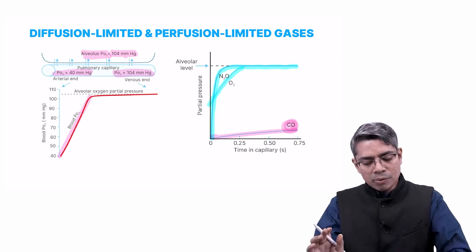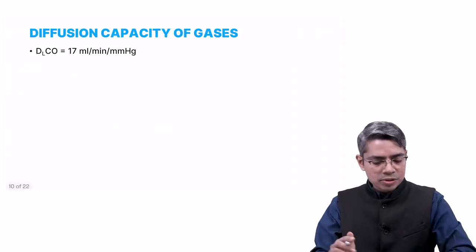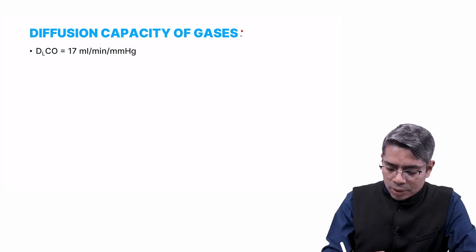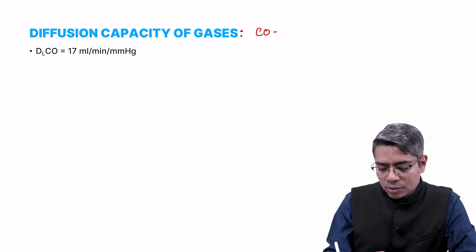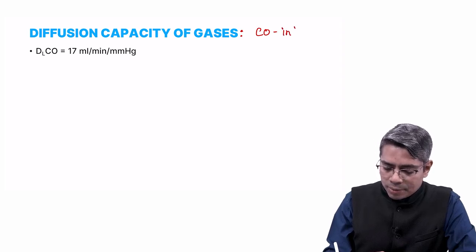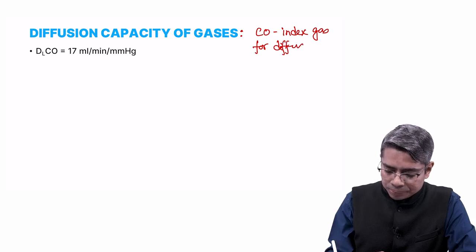Okay. So, now what I was saying is that carbon monoxide gas is used for calculation of the diffusion capacity of the lung. That is why carbon monoxide is known as the index gas for diffusion calculation.